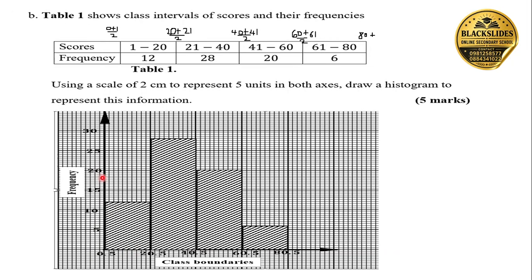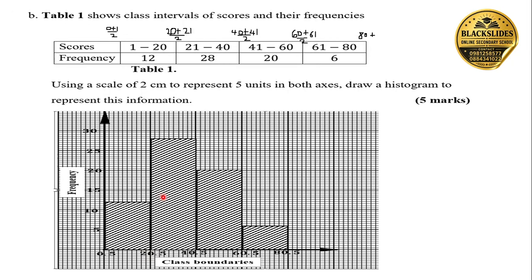Yeah, so the marks are awarded for calculating the class boundaries. This is 0.5, so we're starting not from 0 but 0.5, that's the starting point. And then the next one for this class interval, we shall have 20.5, that's 20 plus 21 divided by 2.